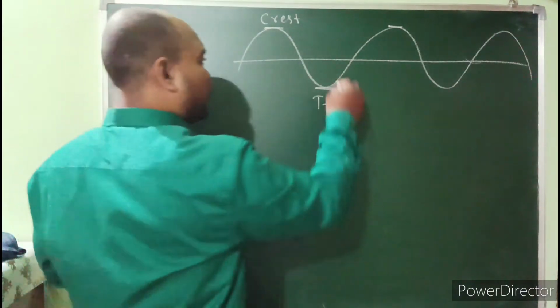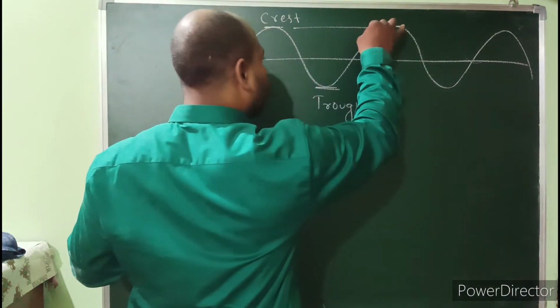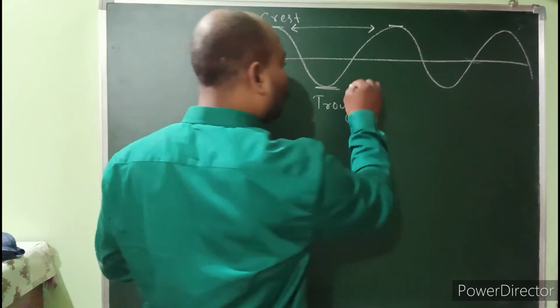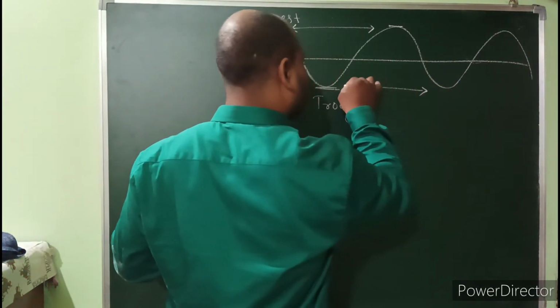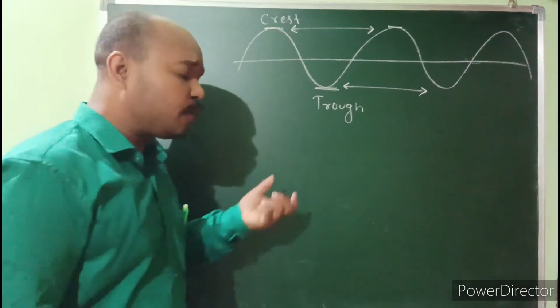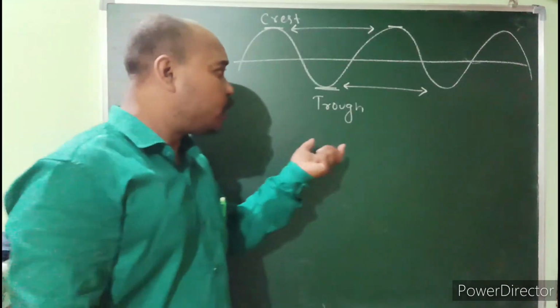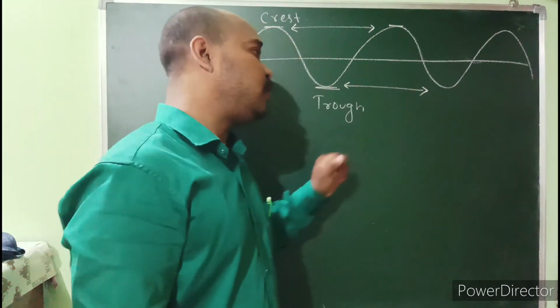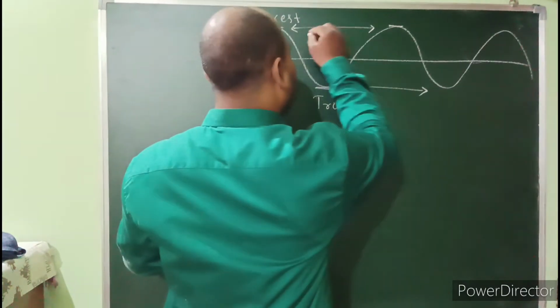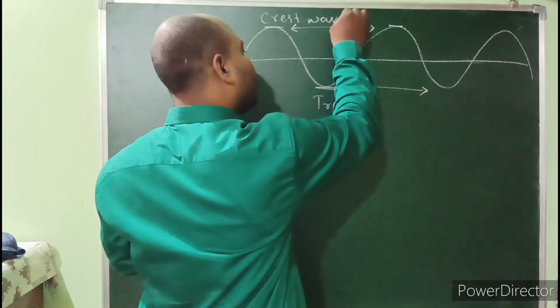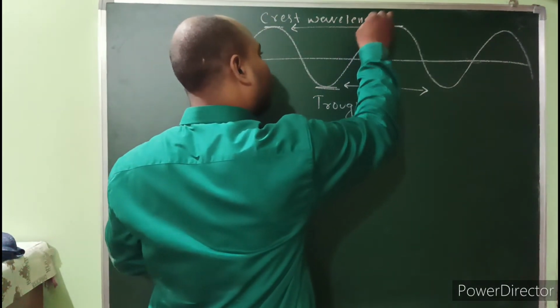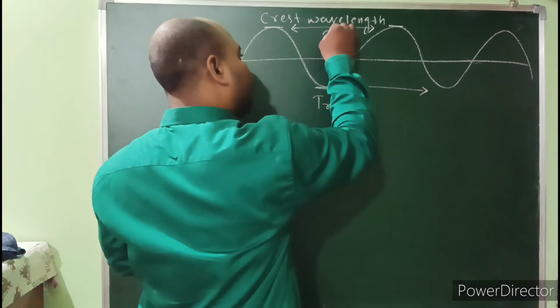So there is a distance between two consecutive crests or two consecutive troughs. The distance between two consecutive crests or two consecutive troughs is called wave length. This is known as wave length and denoted as lambda.